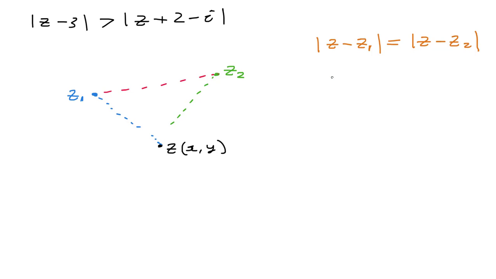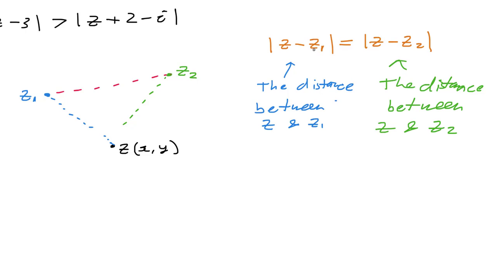The left-hand side of this is basically the distance between z and z1. z - z1 is the difference between the two complex numbers, and by taking the magnitude of that, the absolute value, we get strictly down to the distance because we take away the direction aspect. The same goes for the other side: it's the distance between z and z2. So this equation means that the distance between z and z1 must be the same as the distance between z and z2.